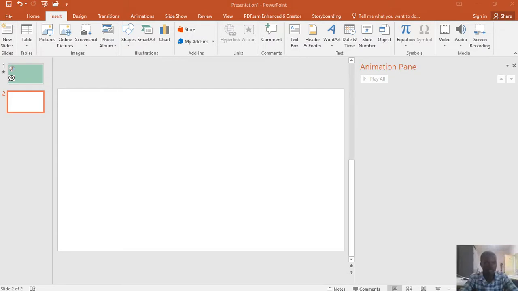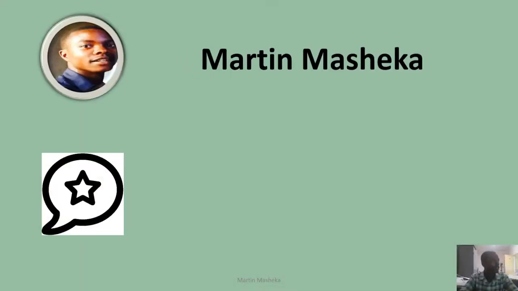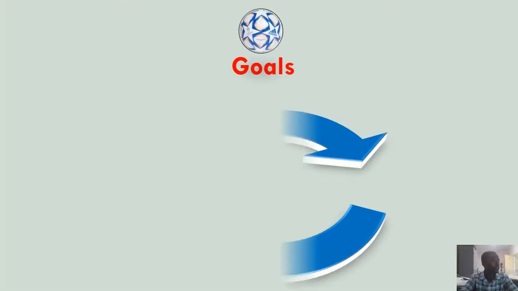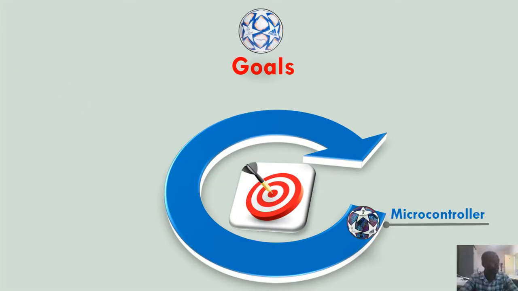Let's run the slide that we are copying so that you see what we are trying to copy. Right, so this is it. We have the ball on goals, and then we have the ball rolling around this shape, and this is a dart image, and then we have a text coming that way.